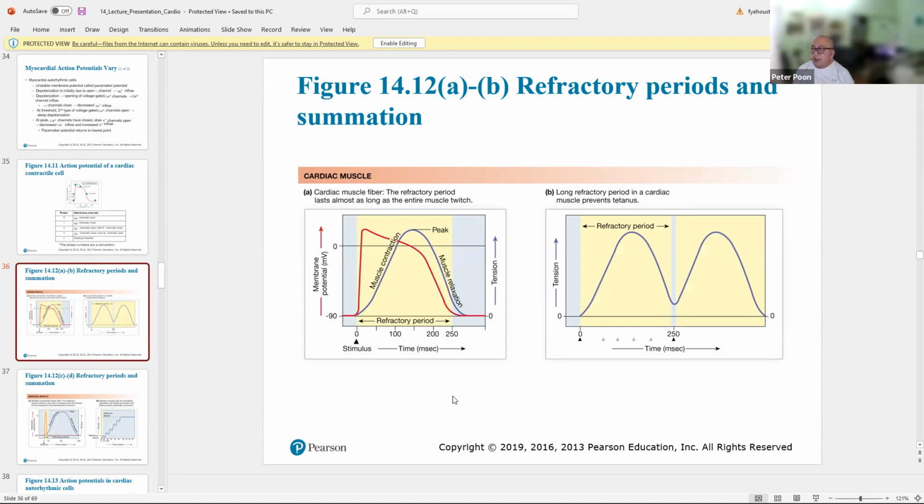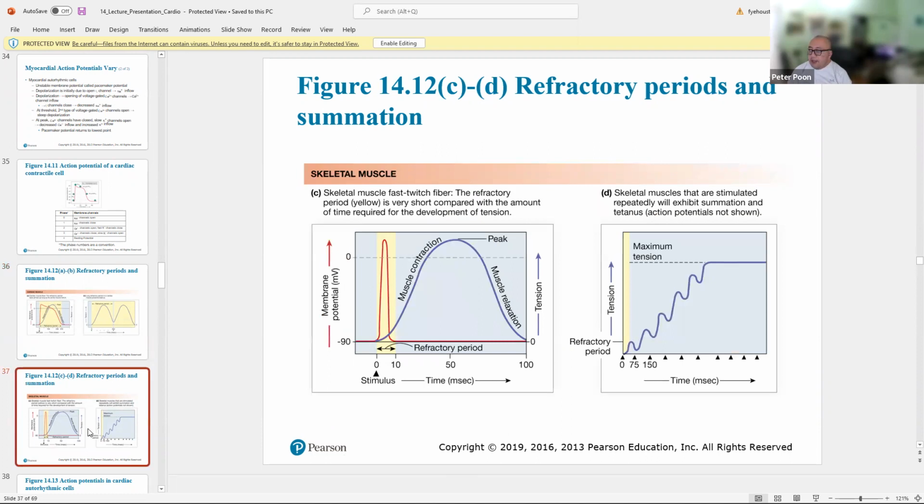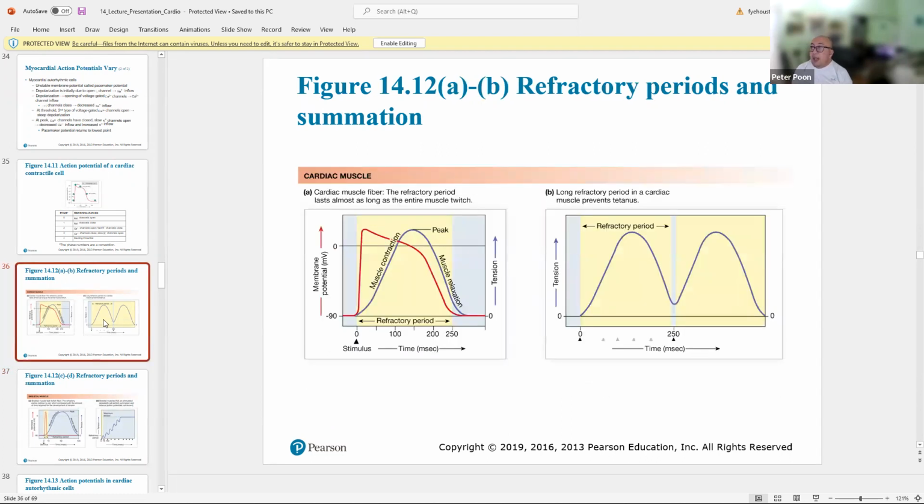This is a big one. This is the cardiac muscle, and this is the skeletal muscle. In cardiac muscle, the refractory period is almost as long as the entire muscle twitch.